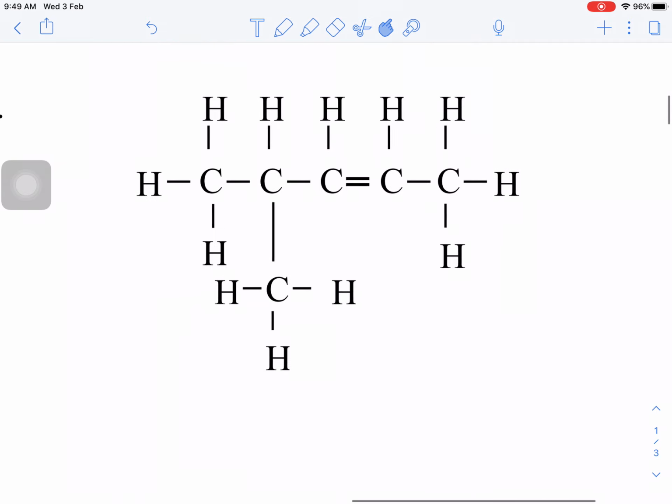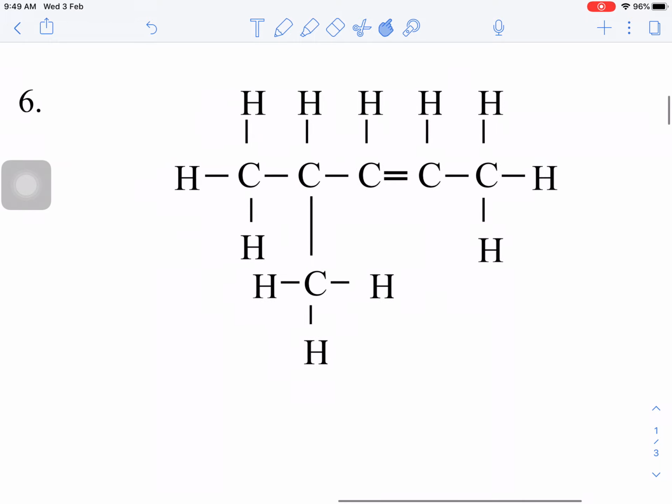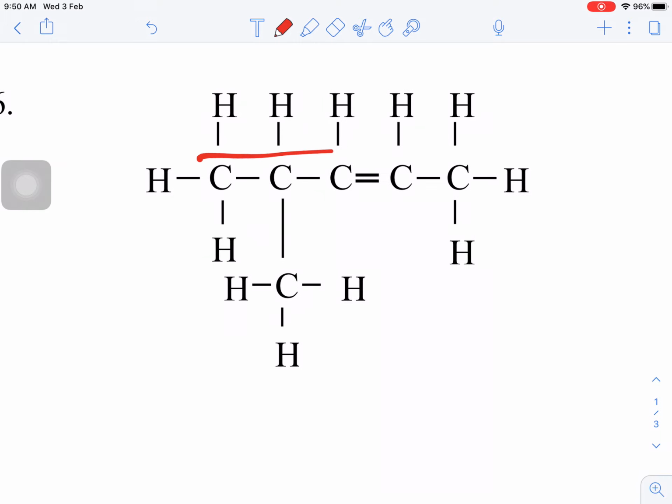Okay, now this one, the longest chain here. So we start numbering the carbon from the end nearest to the carbon-carbon double bond. So this one should be carbon 1, carbon 2, carbon 3, carbon 4, carbon 5.